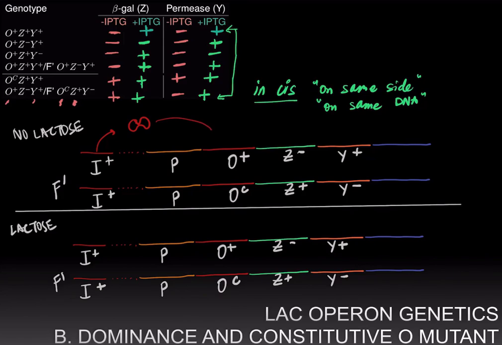And this repressor will go and bind the operator on the bacterial chromosome, but not on the F plasmid.